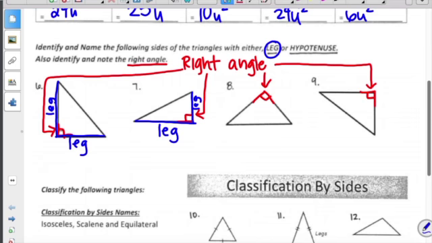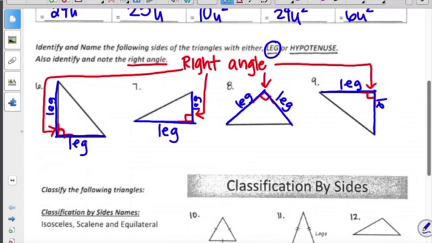Number 8, the two sides that make up the right angle are on top, leg and leg. And number 9, top and the right-hand side are the two sides that make up the right angle, so those are the legs.